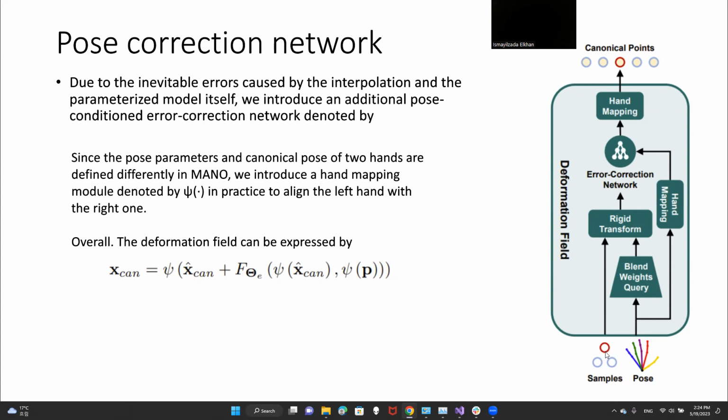First, from an observable space, you put in an x coordinate and then the pose, and then you find the transform blend weights, and then you get the output. You use the pose as well as the output here, and then you feed them into this error network, and then you finally get your canonical point after this operation.